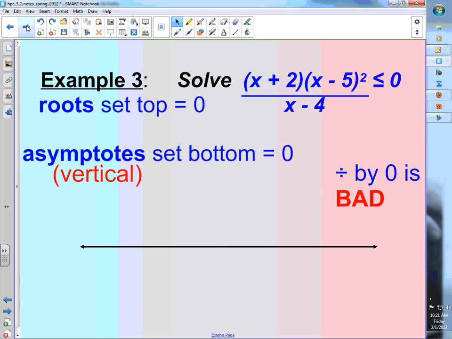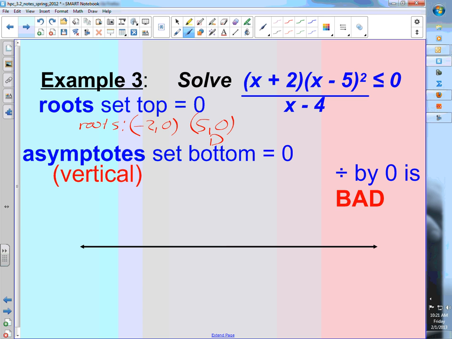Alright, so in this problem, my roots are going to be where? Negative 2, 0, and 5, 0. And 5, 0 is a double. That's not going to matter to us too much right now because we can't use graphing. Well, we can, but I'm not going to.